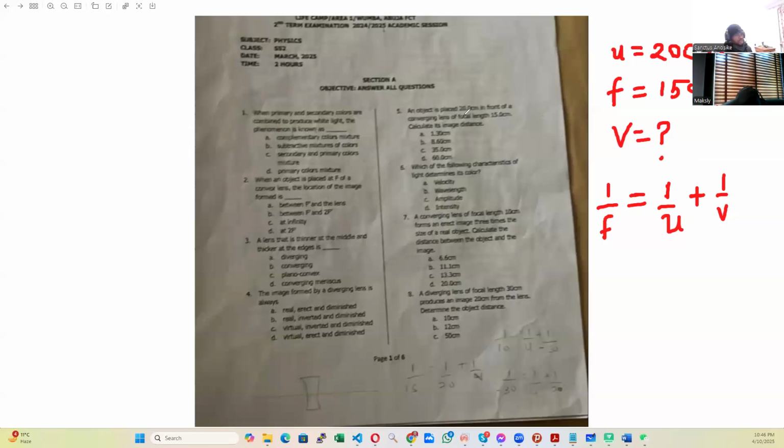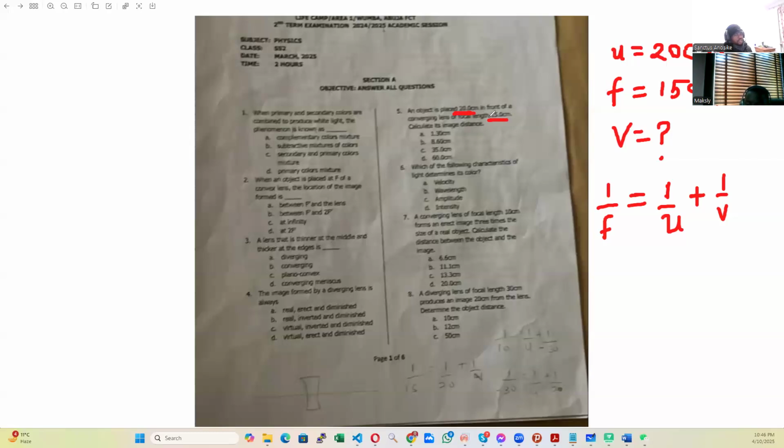Is it because already the focal length is less than 20? I'm not sure. The object is placed in a position that is greater than the focal length. That's why the image is real.